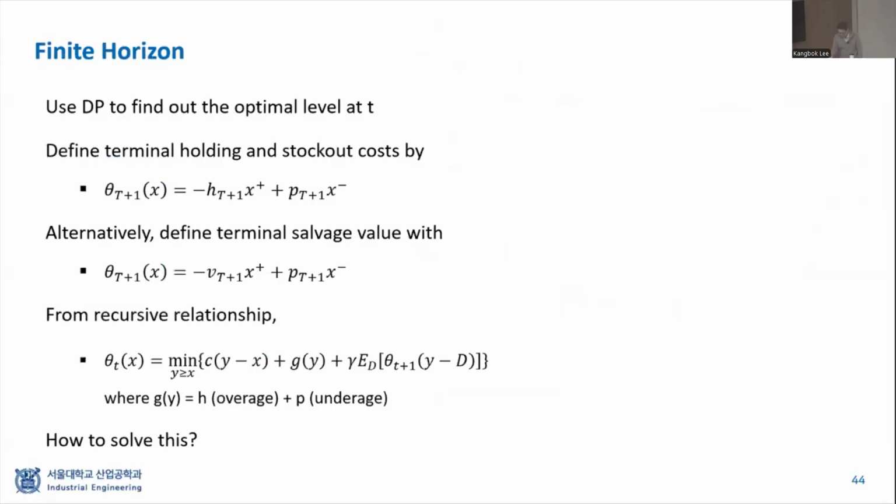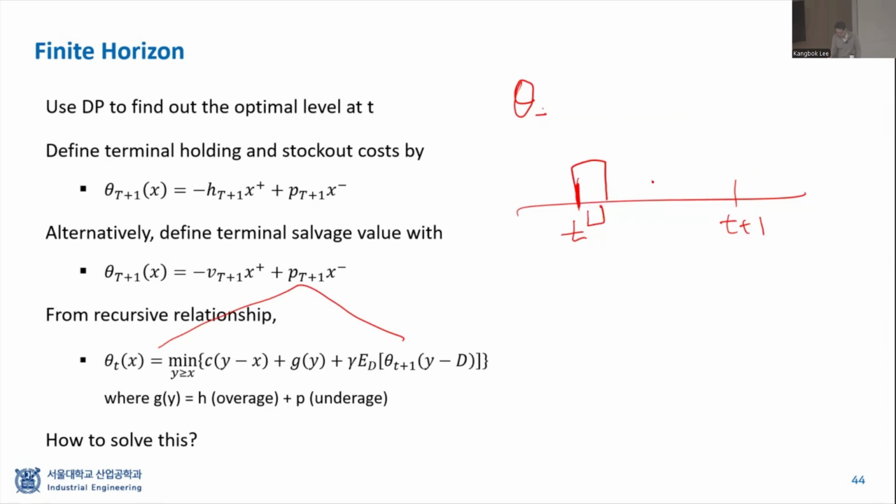So we will define the same theta here, but now we have a recursive relationship between time period t and time period t plus 1. I told you in the previous slide that any remaining inventory or backorder will carry over to time period t plus 1.